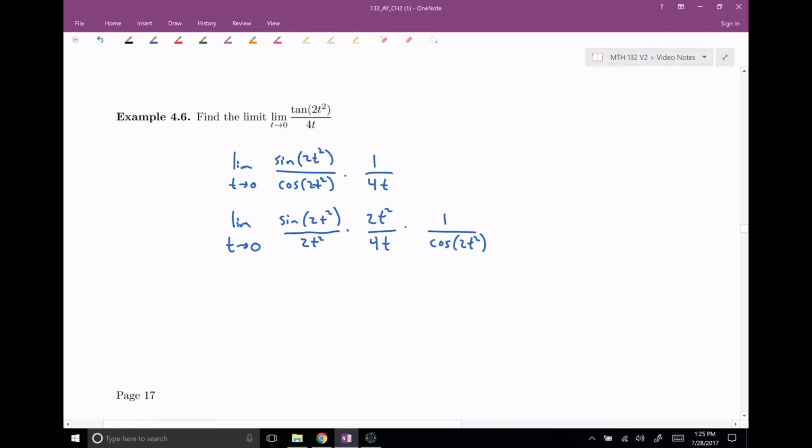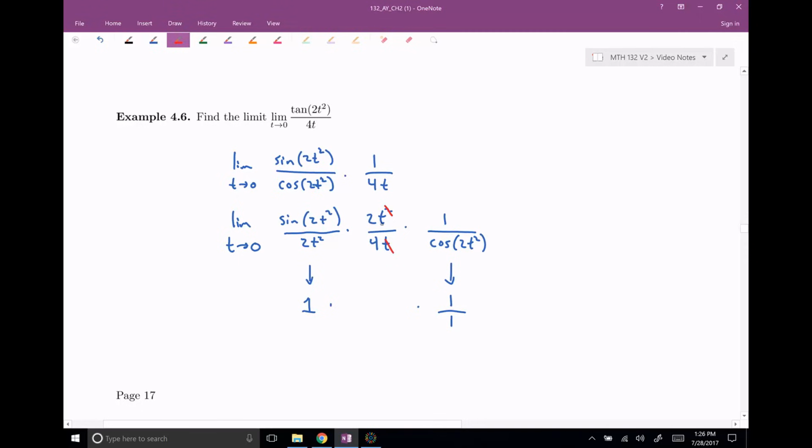All right, so now as t is going to 0, this is heading towards 1. Likewise here, we would have 1 over cosine of 0. Well, 1 over cosine of 0 is 1, right? Really 1 over 1, which would evaluate out to 1. And now in this case, you can notice there's a little bit of cancellation here.